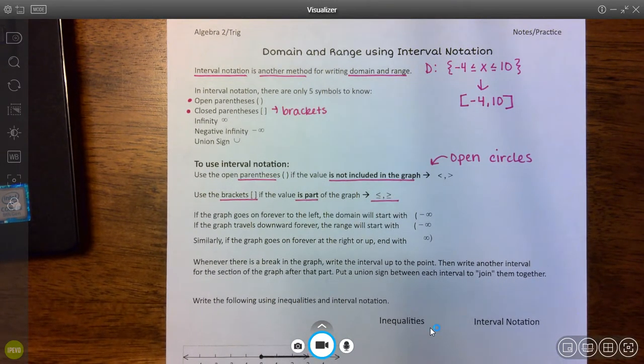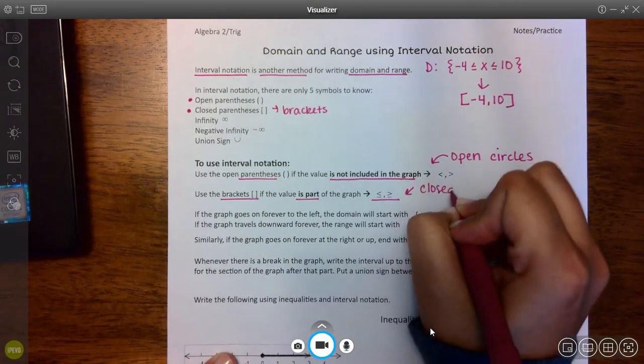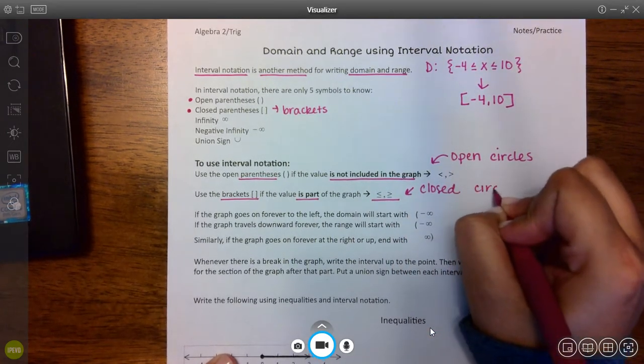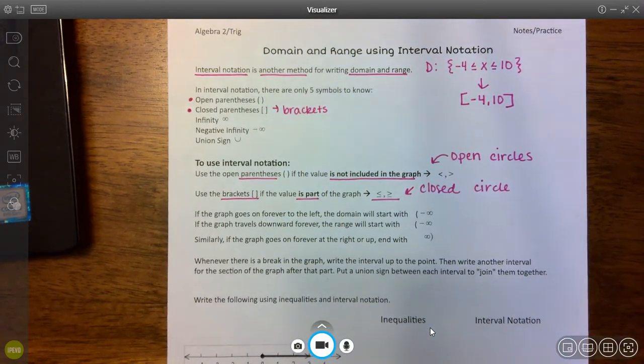They are all one and the same, but this is when we would use a closed plotted circle on the graph.